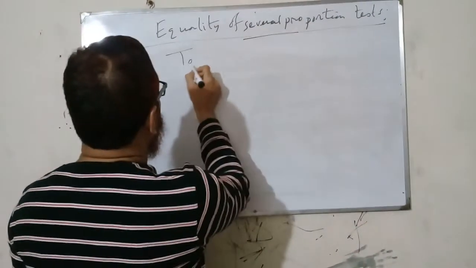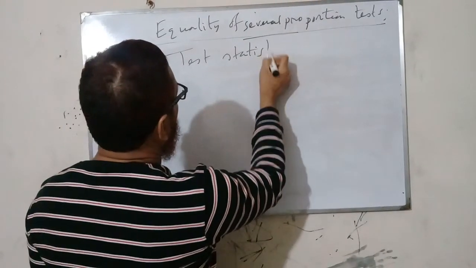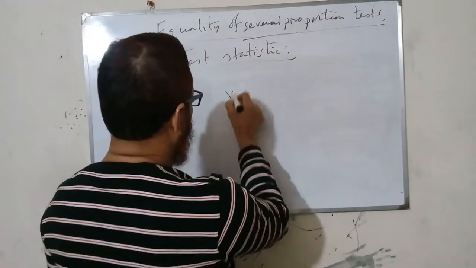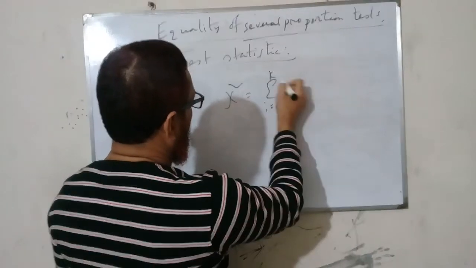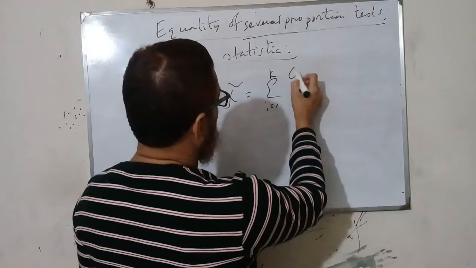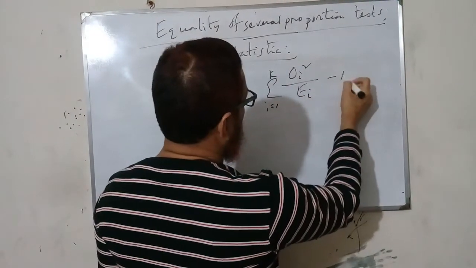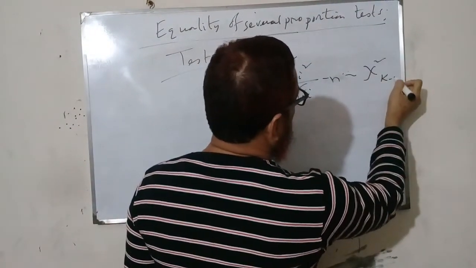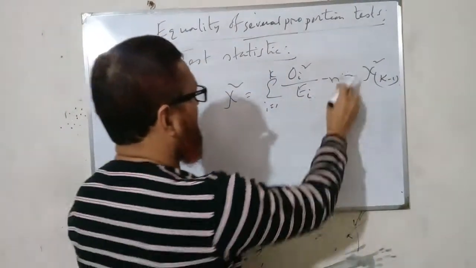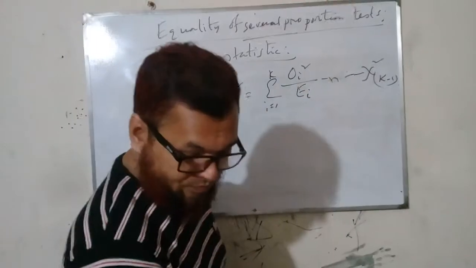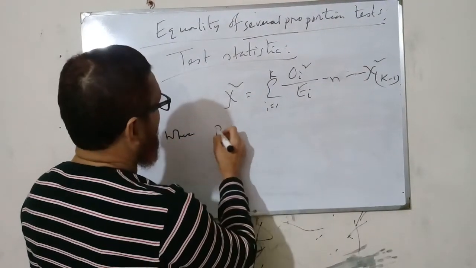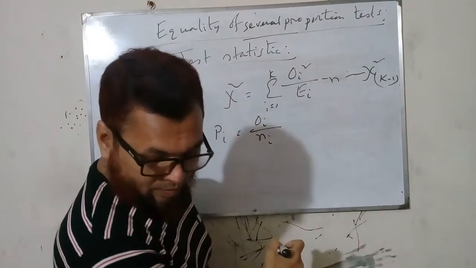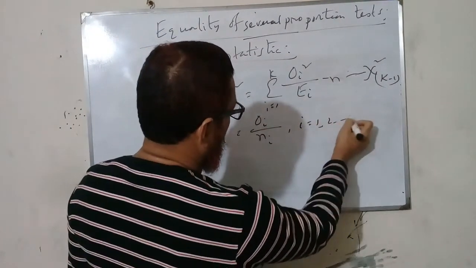Test statistic. The appropriate test statistic is chi-square, equal to summation of (Yi minus Ei) squared by Ei, which follows chi-square distribution with k minus 1 degrees of freedom, where Ei equal to n by k, n equal to summation of ni, i equal to 1 up to k.